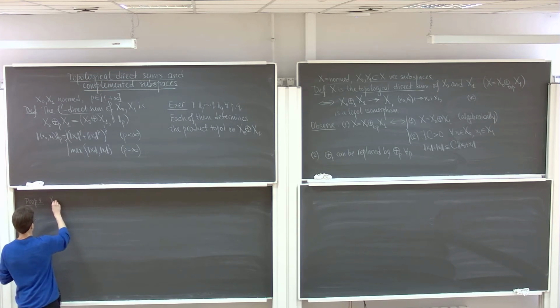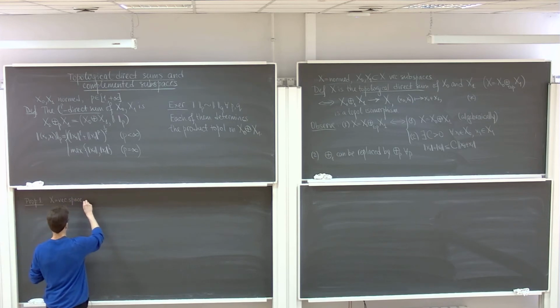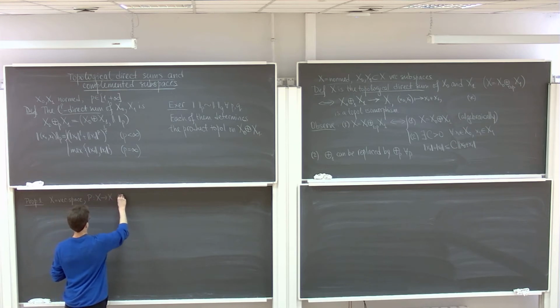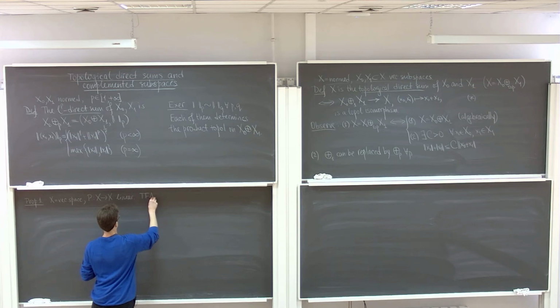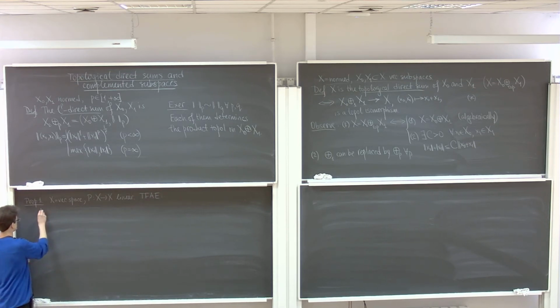Suppose that X is a vector space, and P is a linear operator on X. Then the following conditions are equivalent. Condition 1, P squared equals P.